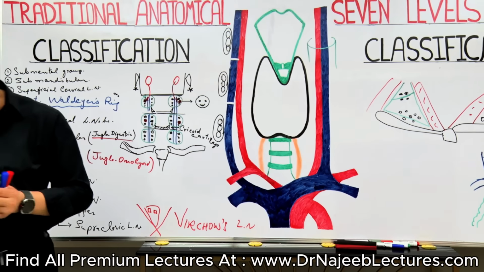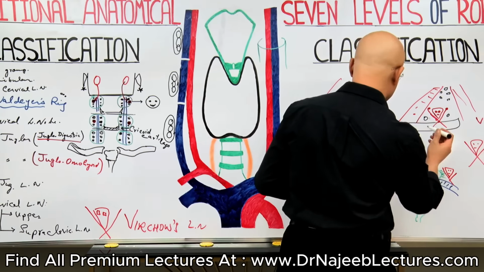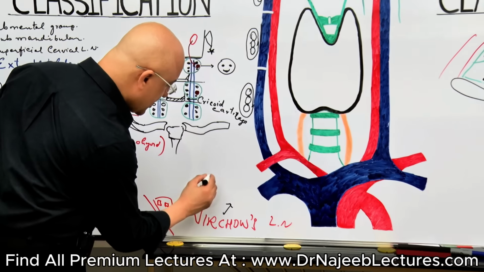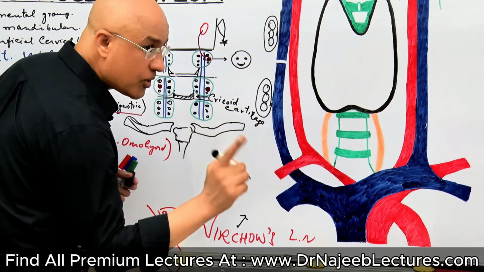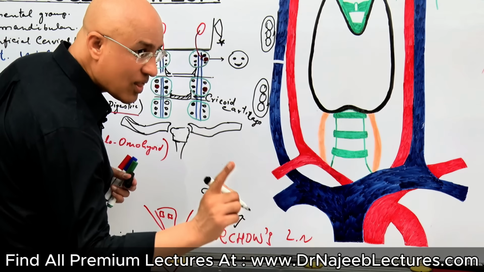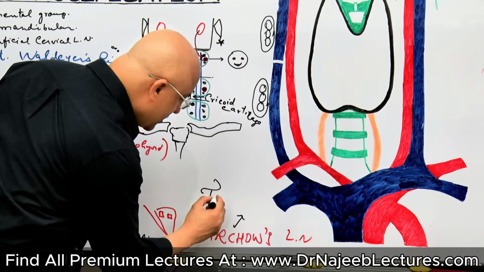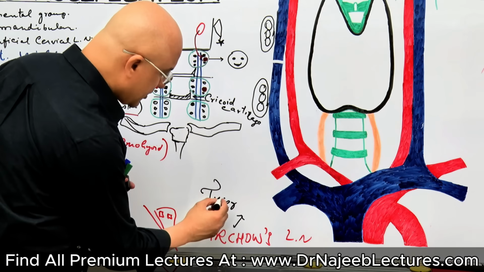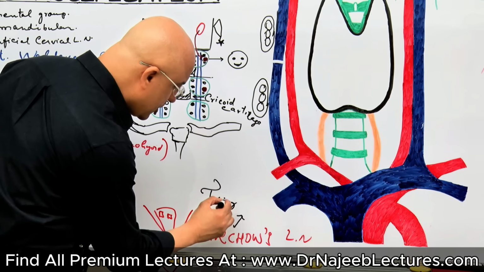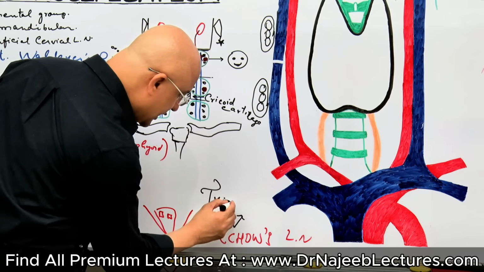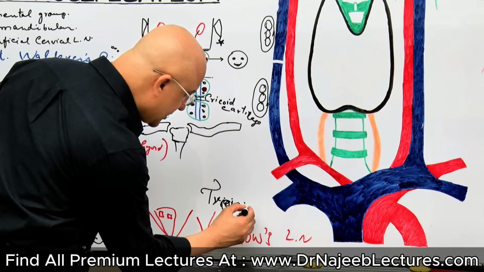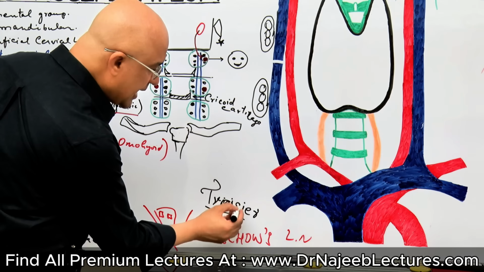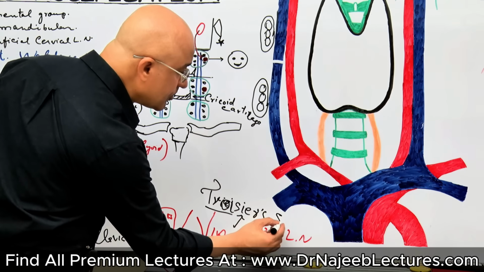Troisier's sign. And Virchow lymph node, when it becomes pathologically enlarged, firm to hard, non-tender and fixed, this is called, what are the spellings? T-R-O-I-S-I-E-R, Troisier's sign.